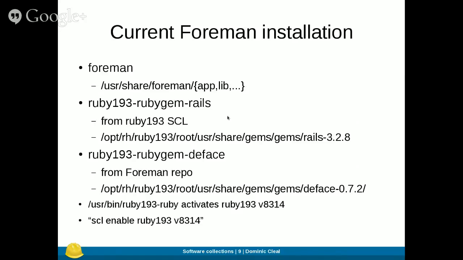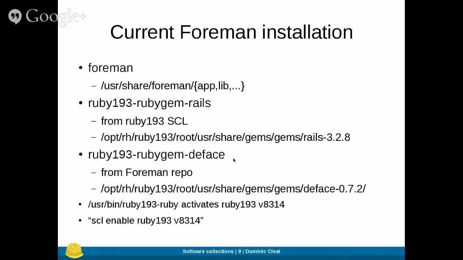We then install a number of dependencies that come from the ruby193 collection. That comes from RHSCL for the rebuild. And it includes Ruby itself, Ruby 1.9.3. This includes Ruby on Rails 3.2. And all of these are installed under /opt/rh/ruby193 as stock packages.